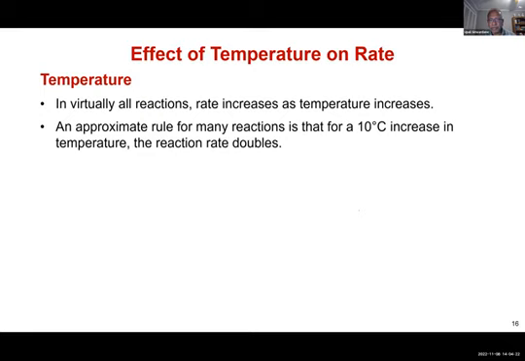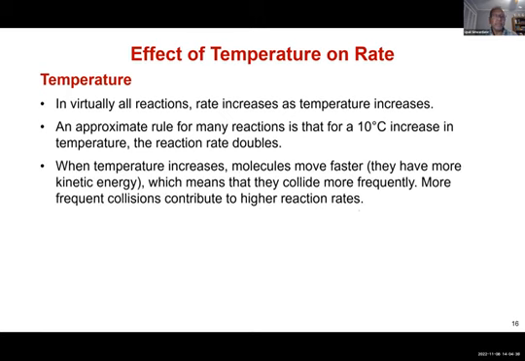It's because temperature is related to the kinetic energy of the colliding particles. Approximately for every 10-degree increase in temperature, a reaction rate doubles. When temperature increases, molecules move faster. They have more kinetic energy, which means they collide more frequently. When you move things faster, they collide faster.